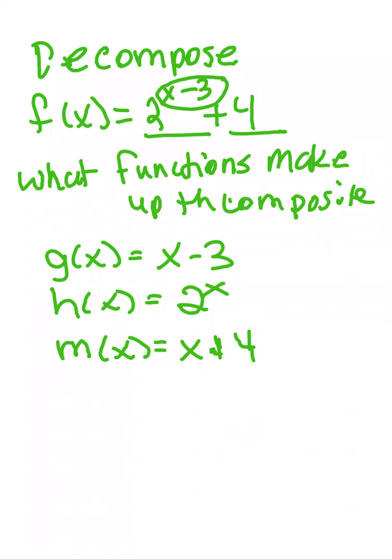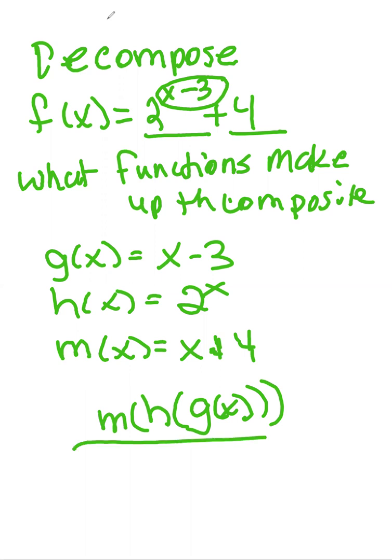All right, so I would take my innermost function, which would be g of x, and I put that into h of x, which I put into m of x. So this composition would be what I use to make that particular problem.